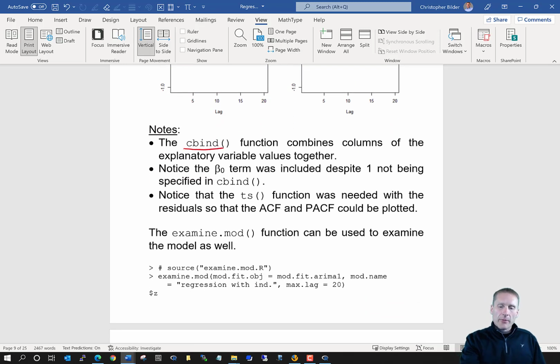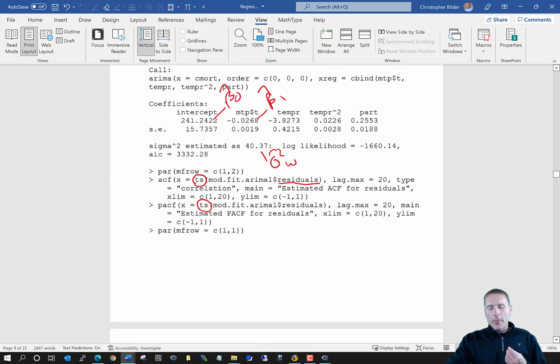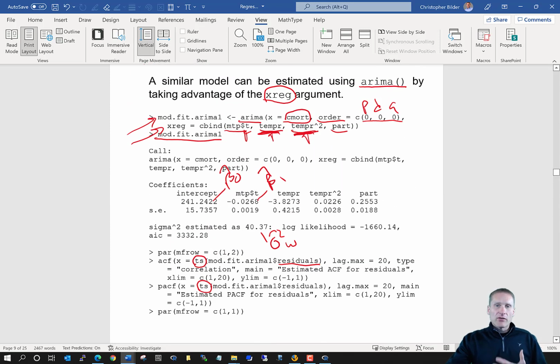Note also here, in order to put together these values for the xreg argument, I needed to use the cbind function. Cbind stands for column combined together. And so on your own, you could execute this segment of code here and see that everything is put together into what R would call a matrix form.